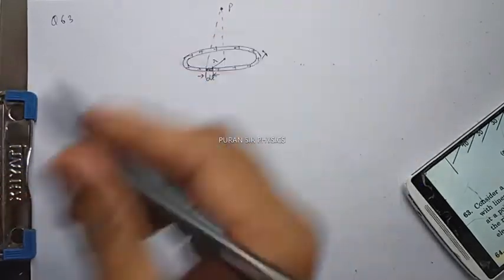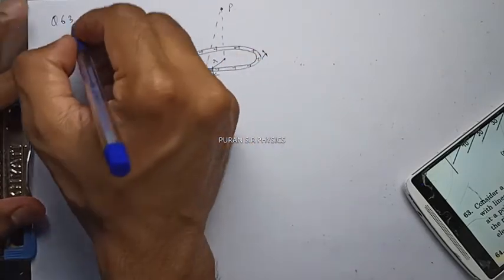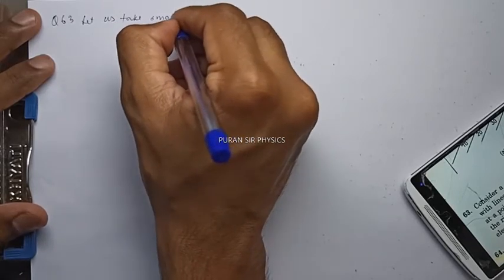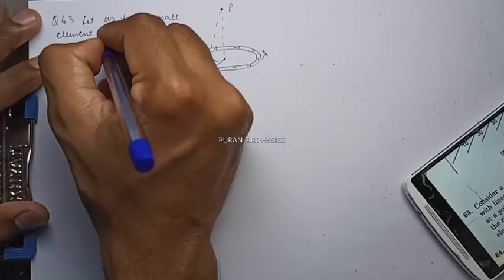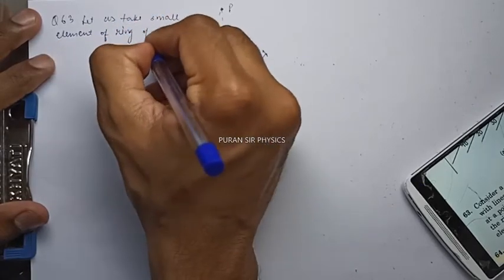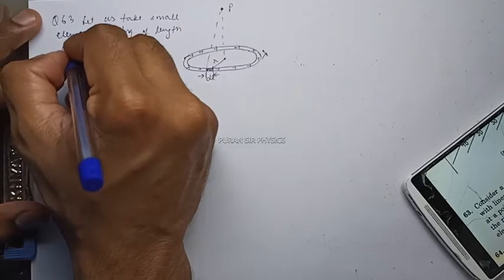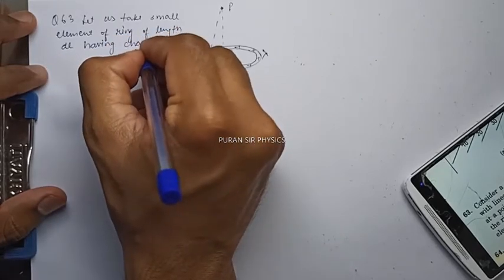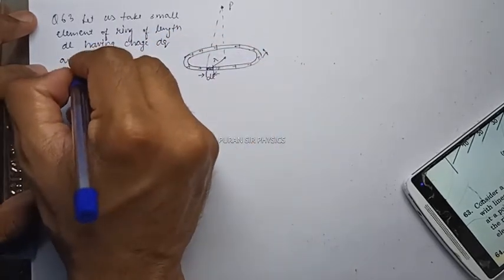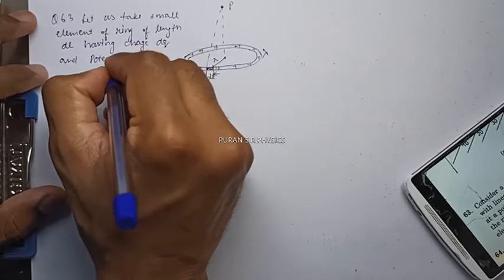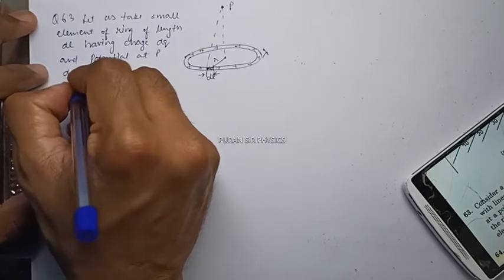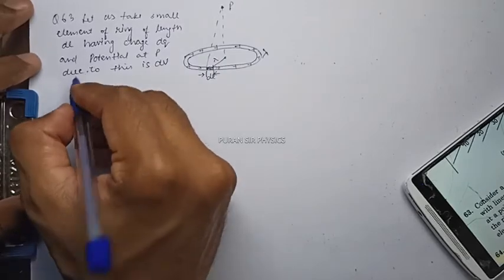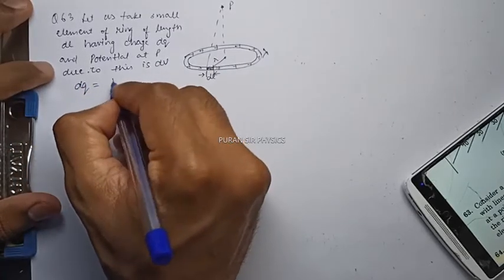So we can write, let us take a small element of the ring of length dl having charge dq, and the potential at P due to this is dV. So dq will be your lambda dl.